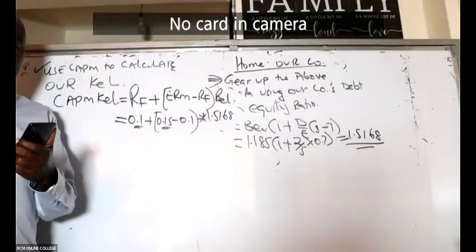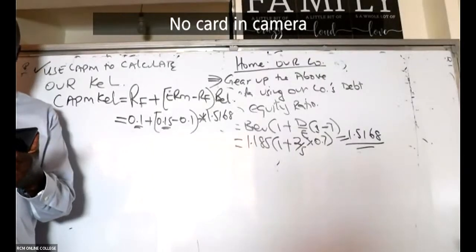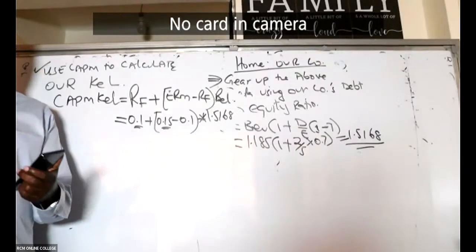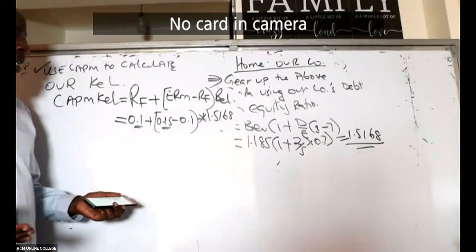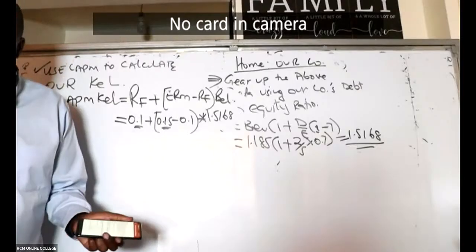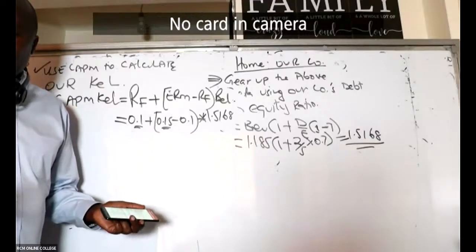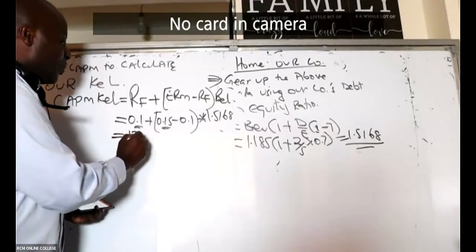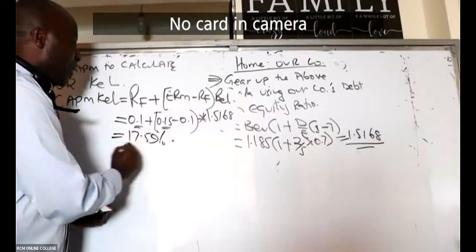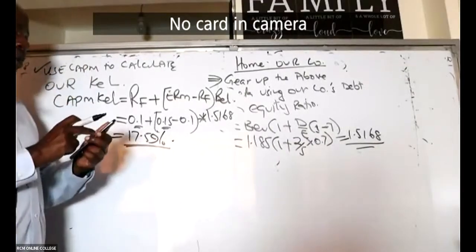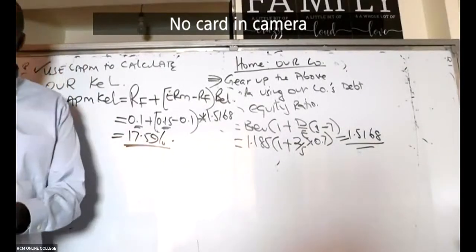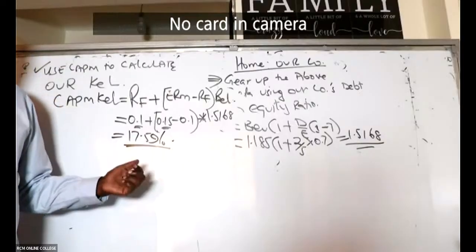And they told us in the second paragraph, second line, second sentence, that the corporate debt, which is assumed to yield a return similar to treasury bills, has a rate which is 10%. Treasury bill rate is risk-free. So then somebody is able to give me a final answer here very fast. So Onderi is giving me 17.59%. So up to there, are we together? Or 17.58, that is still very good.